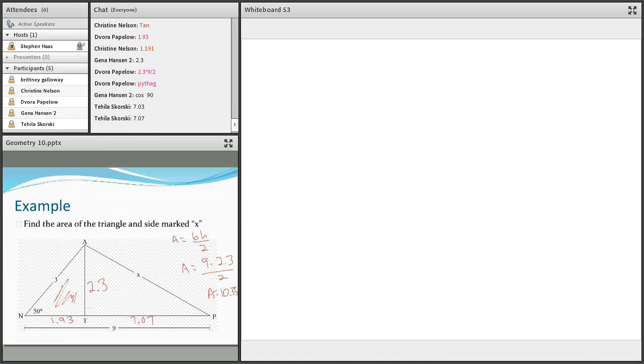Actually, that's pretty much the only way we can do it, because we don't have any of the other angles. So the only way we could do it is the Pythagorean theorem. So we've got 2.3 squared plus 7.07 squared equals x squared. Now, 2.3 squared is 5.29 plus 7.07 squared, which is almost exactly 50.